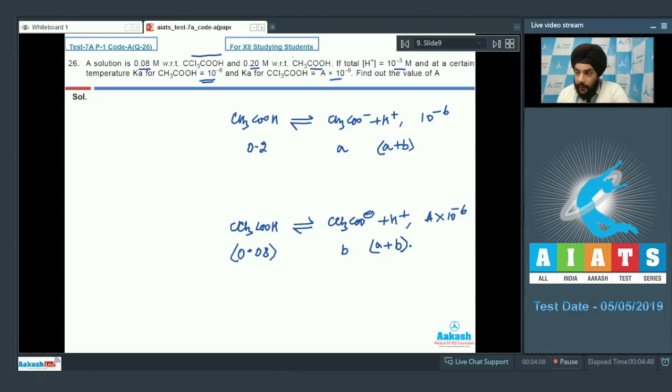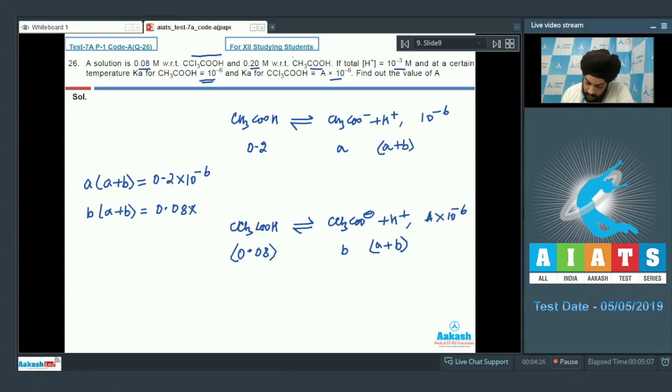So we can now form the expressions. We can have A into A plus B giving us 0.2 into 10 to the power minus 6, whereas we can have B into A plus B giving us 0.08A into 10 to the power minus 6.